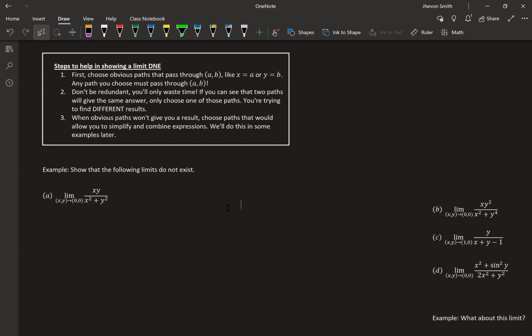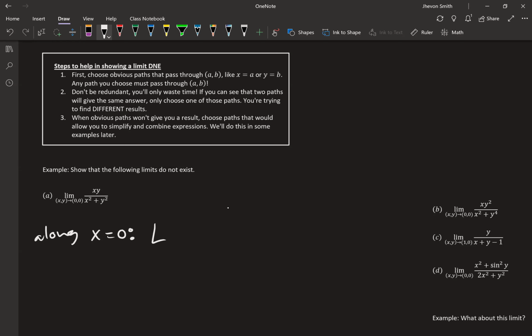Okay, let's go. Here's a limit. Show that it does not exist. So I have the limit as x comma y approaches 0 comma 0 of xy over x squared plus y squared. What I'm going to do is approach along an obvious path, along x equals 0.